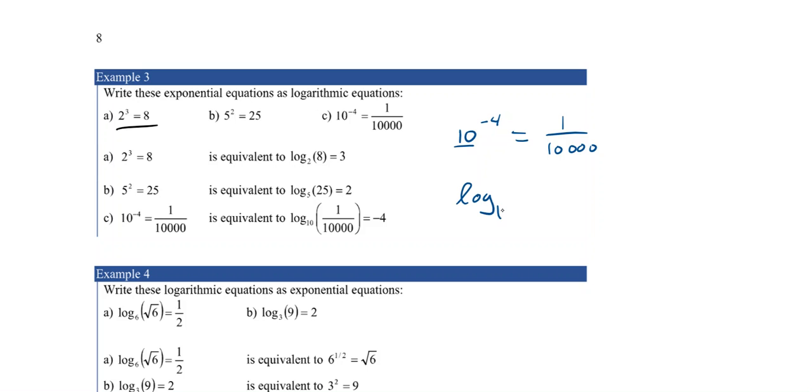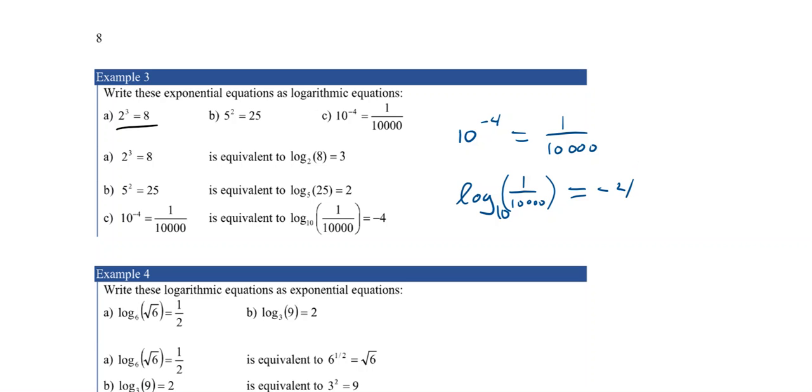Because that's always the same base. Log base 10, and then of what it's equal to, so of 1 over 10,000. Sometimes we put these in brackets just to show that it's log base 10 of this. Sometimes it won't be, but I think it's more clear when it's in brackets. And then that is equal to negative 4.